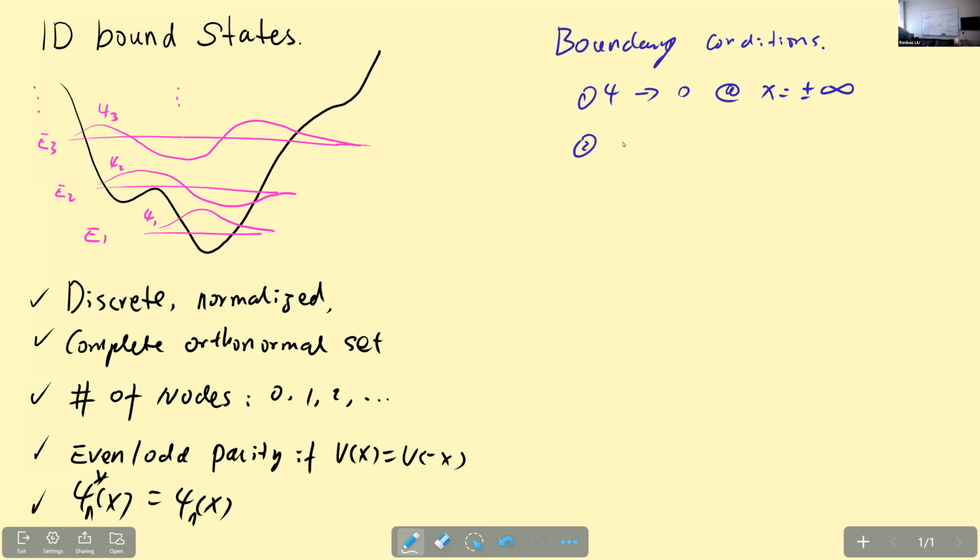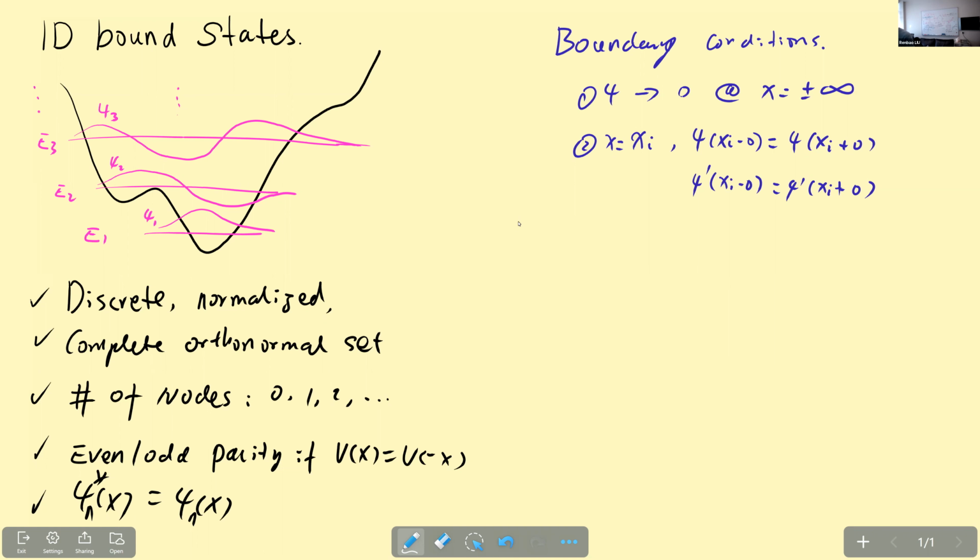And also at any point x_i, you should have psi(x_i - 0) equals psi(x_i + 0). So this is one condition. Another one is that the derivative of this is also continuous. So this gives you two equations.